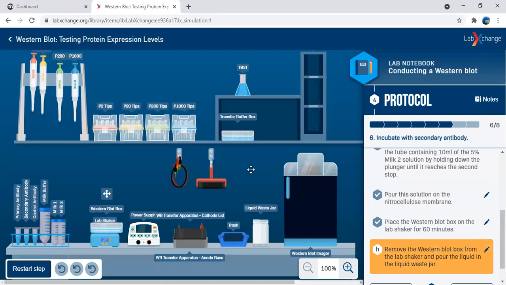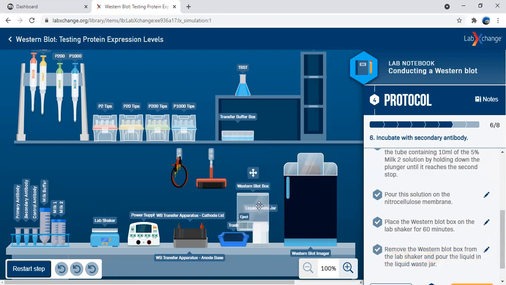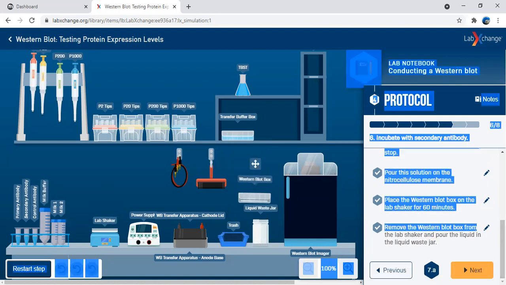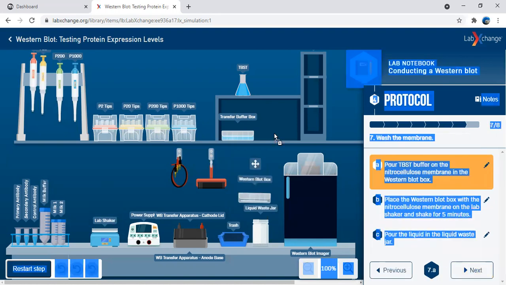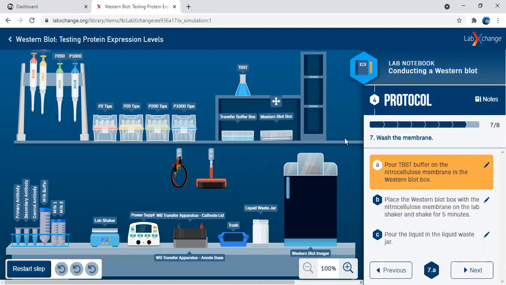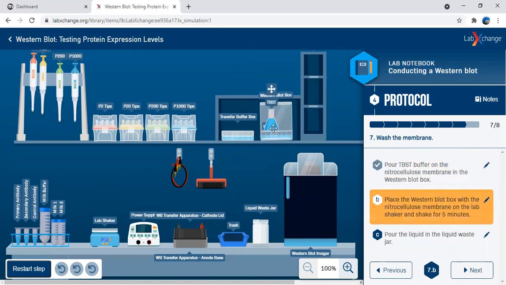Remove it. For TBS buffer on the membrane, place it for 5 minutes.